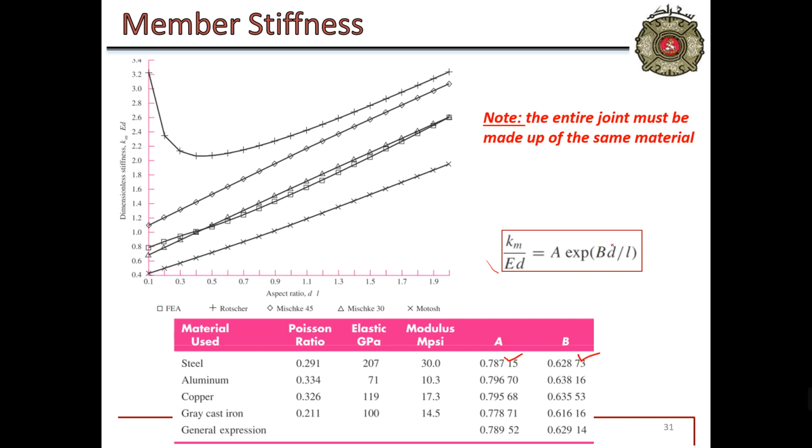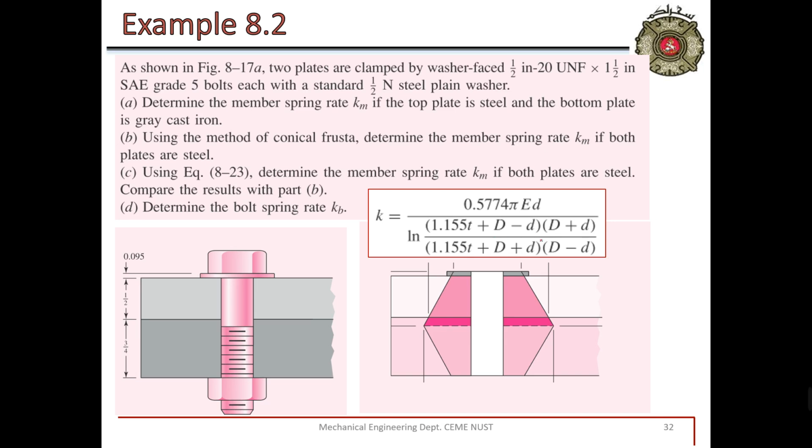Diameter should be known because you have chosen a bolt. You know the grip. It is the thickness of material 1 plus the thickness of material 2, plus, if you have added a washer, this will be known. E for steel, E is given as modulus in MPSI or modulus in GPa, whatever you're using, and from this you can calculate the stiffness of members.